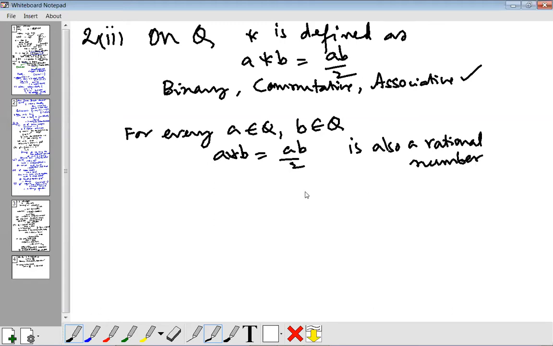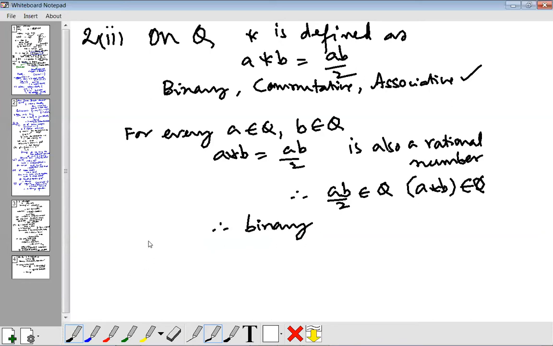Therefore, ab by 2 belongs to Q, or a star b belongs to Q, and therefore it's binary. Next, ab by 2 can be written as ba by 2. So a star b equals b star a, and therefore it is commutative.